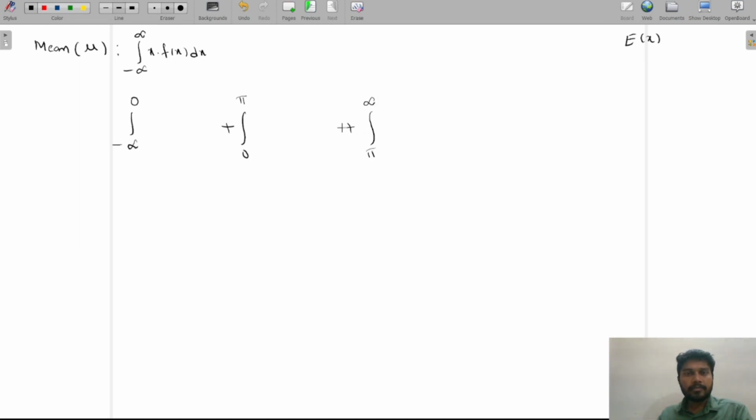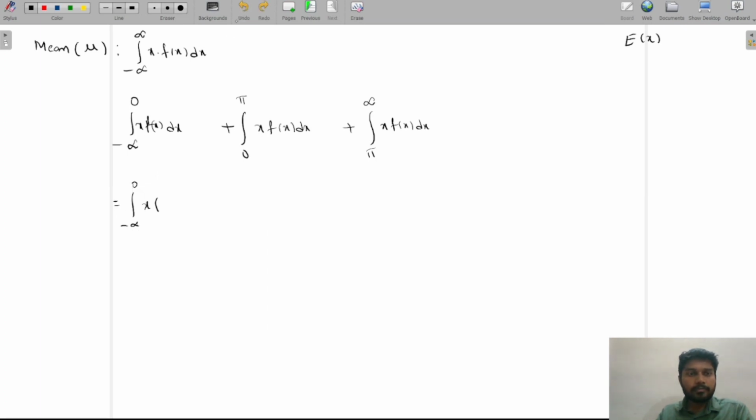Is this correct? Yes. So x into f of x dx in each integral. For integration from minus infinity to 0, at these limits, what is the value of f of x?